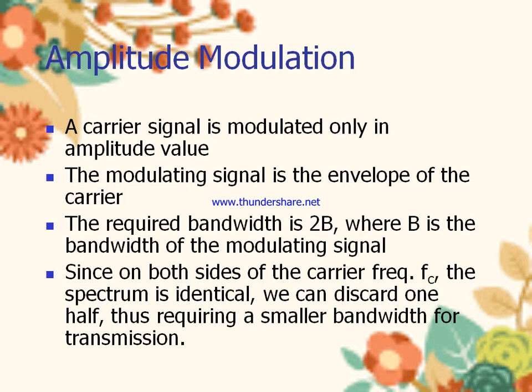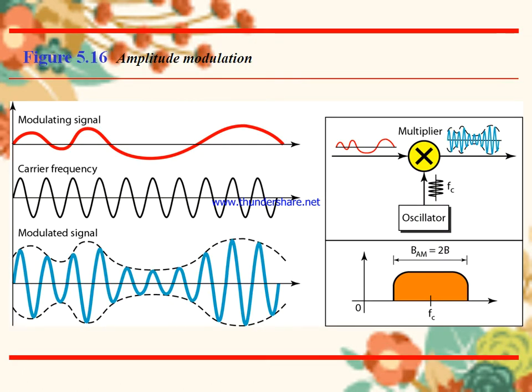Since on both sides of the carrier frequency FC the spectrum is identical, we can discard one half, thus requiring a smaller bandwidth for transmission. If both sides are identical, we can discard half; if it is dual mode, we can consider both.